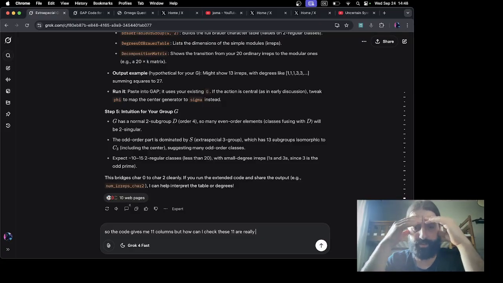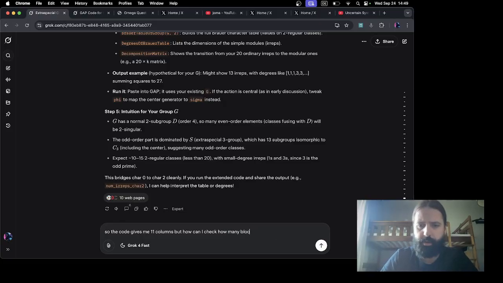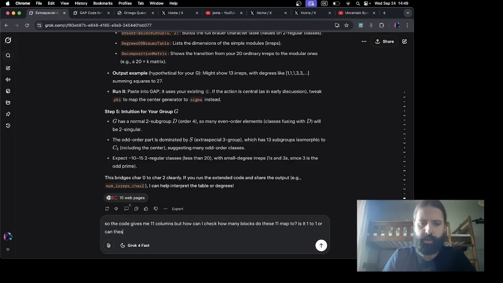Maybe that's what I'm missing here. I'm gonna check how many blocks do these 11 map to. Is it 1-to-1, or can these 11 still be decomposed anyhow?